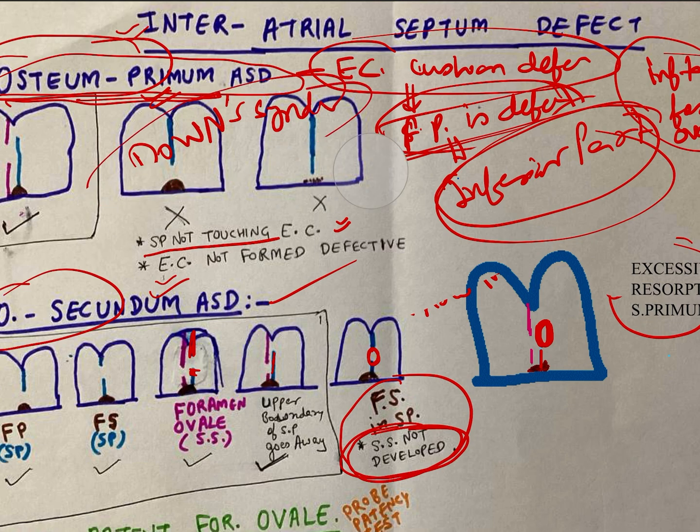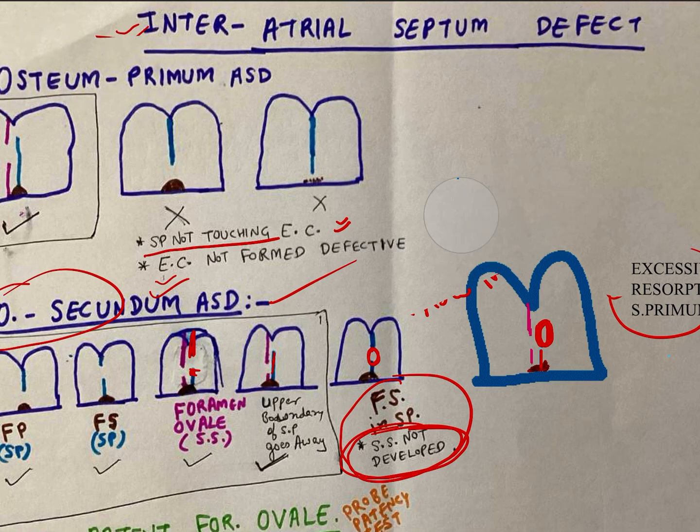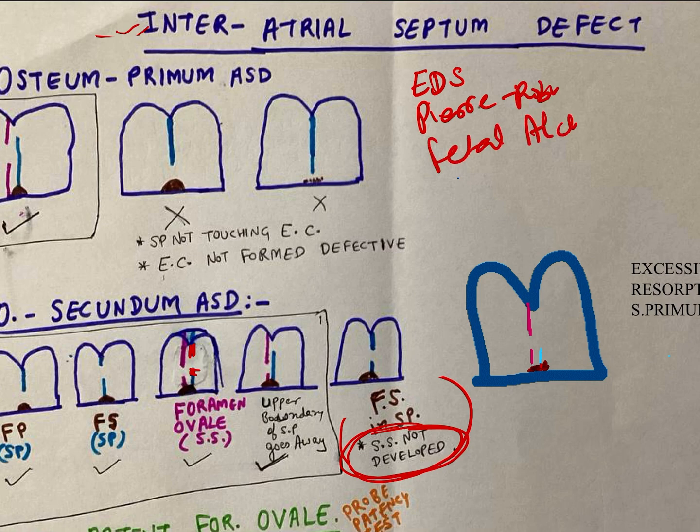Other associations of this ASD are fetal alcohol syndrome, Ellis-van Creveld syndrome, Pierre Robin syndrome, Ehlers-Danlos syndrome. I am going to repeat, don't worry. Ehlers-Danlos, Pierre Robin, fetal alcohol syndrome, TAR syndrome, Holt-Oram syndrome.